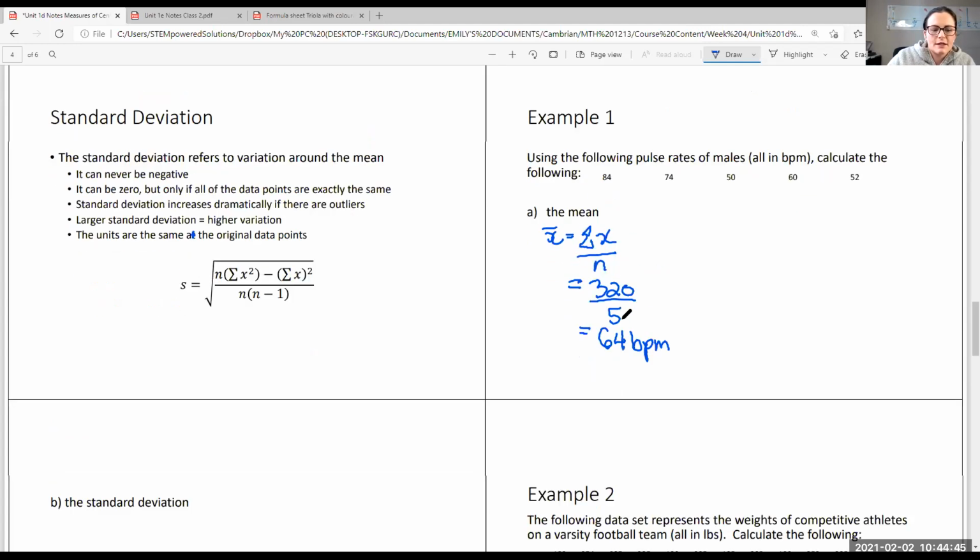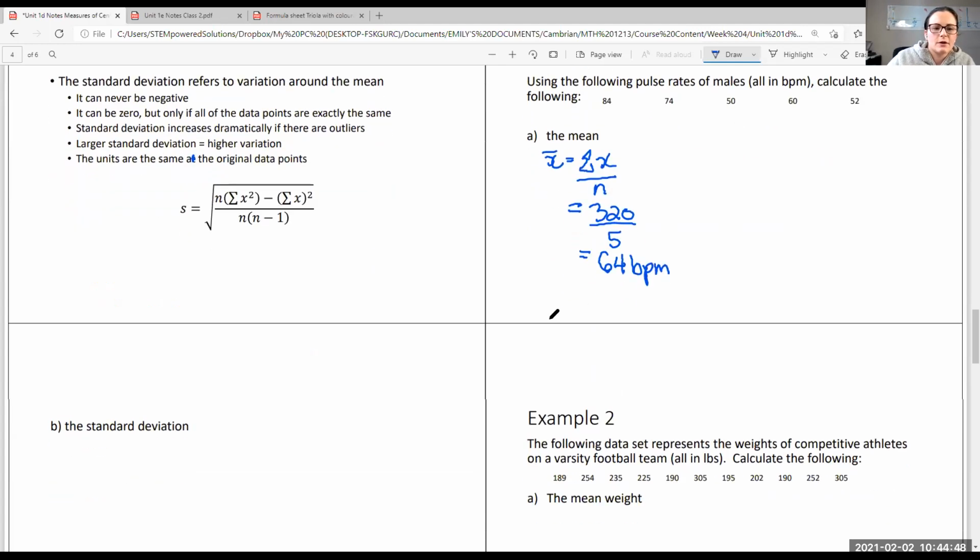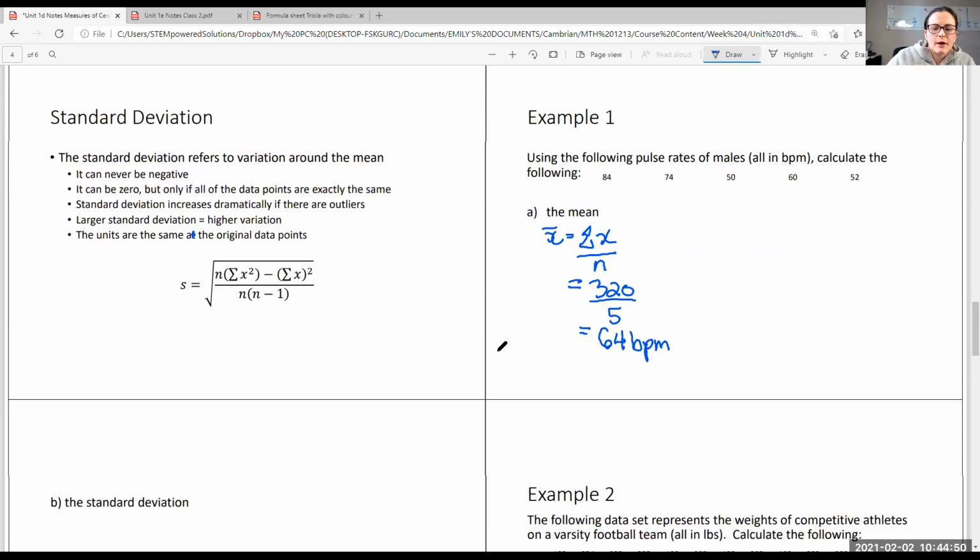So the standard deviation. In order to calculate the standard deviation, we're going to have to square our x's.